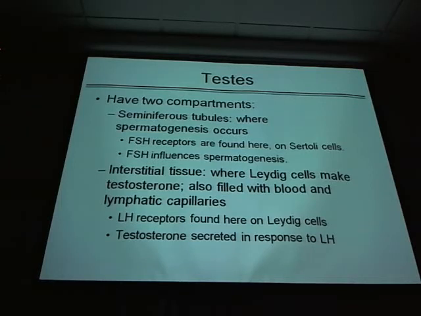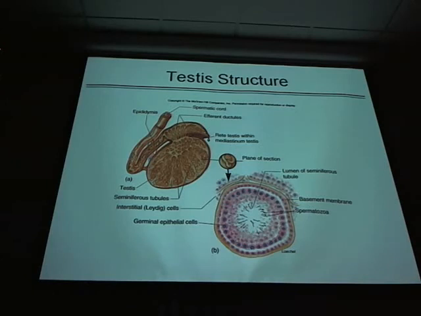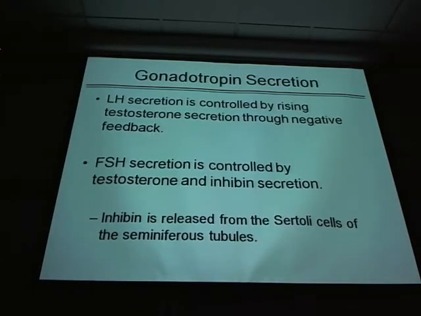LH receptors are found in the Leydig cells; LH causes the Leydig cells to secrete testosterone. LH secretion is controlled by rising testosterone, negative feedback. FSH secretion is controlled by testosterone and inhibin from the Sertoli cells.